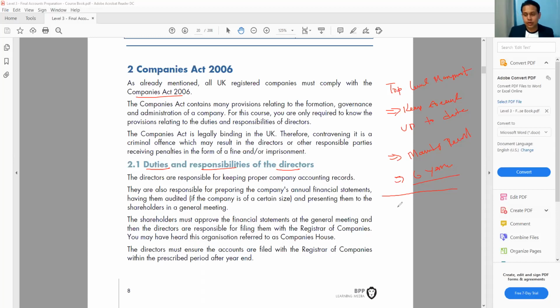The answer is no. You don't need the director to make any contract or buy any property or asset. The directors' names are not needed on the contract when you buy an asset or make a contract. The company itself is enough, because the company is treated as a person. So the contract is on behalf of the company, not on behalf of the directors, because directors will come and go, but the company will always be there.